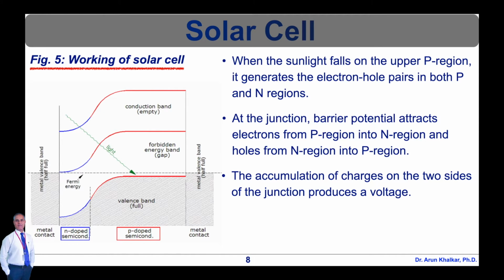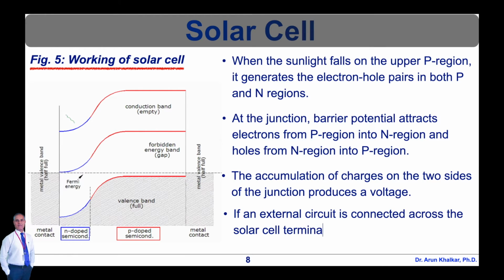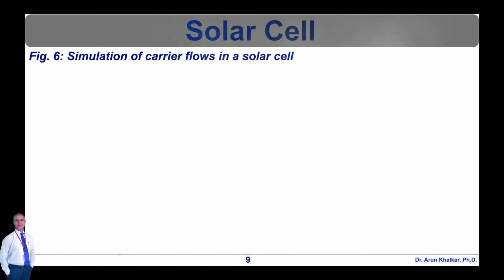It is known as the open circuit voltage and is proportional to the intensity of the incident light as well as the size of the illuminated area. If an external circuit is connected across the solar cell terminals, a current flows through the circuit. Now let's see the simulation of carrier flows in a solar cell.